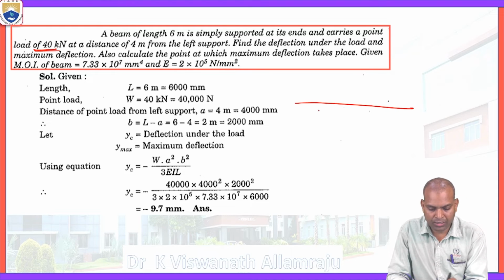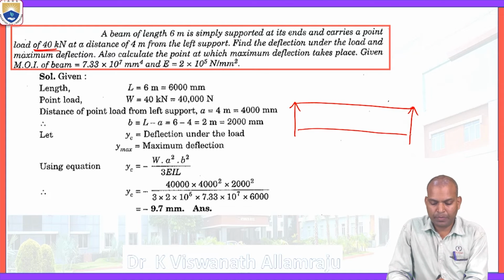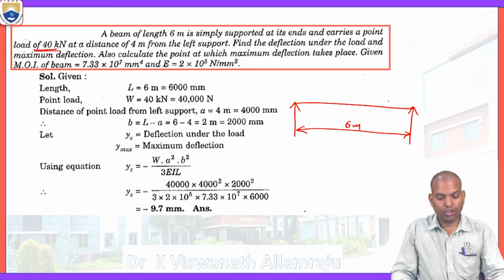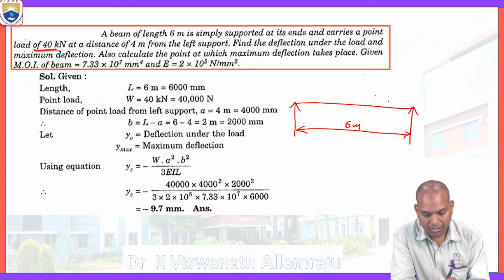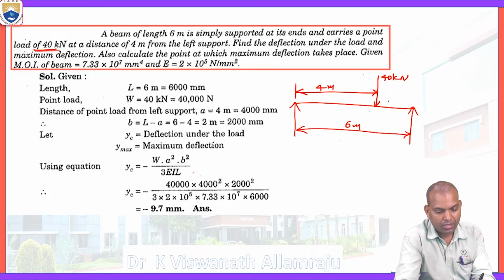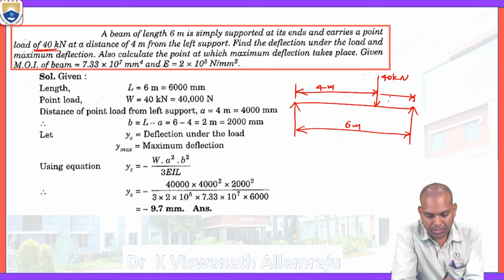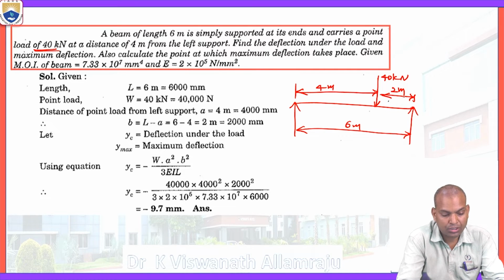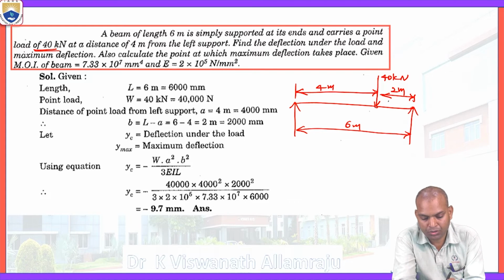That is the eccentric load. The span is 6 meters, and the 40 kilonewton load acts 4 meters from the left support, and 2 meters from the right support. Find the deflection under the load and the maximum deflection.